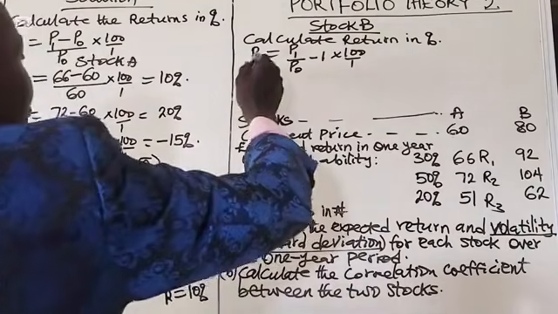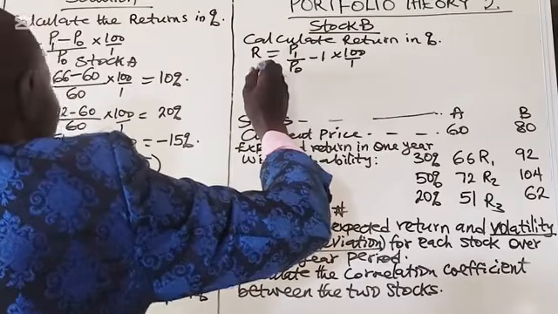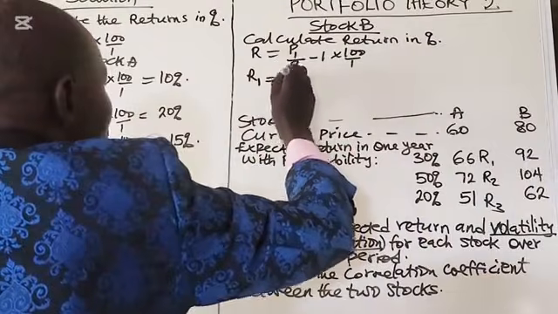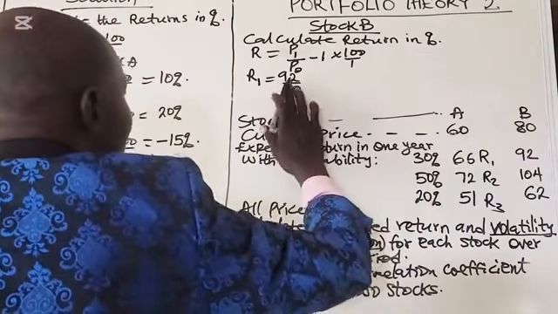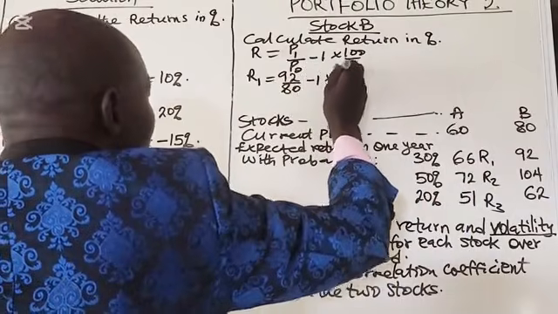So the first return is 92 over 80, the current price is 80, minus 1 times 100.